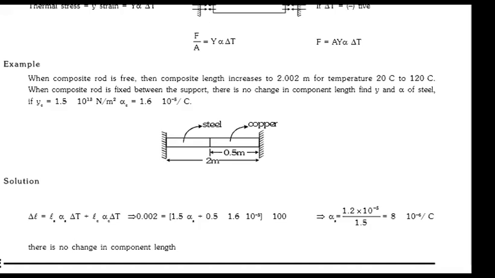Now, this is only the first part. What do you have to find? Y and alpha. So alpha of steel we can find. What is Y?